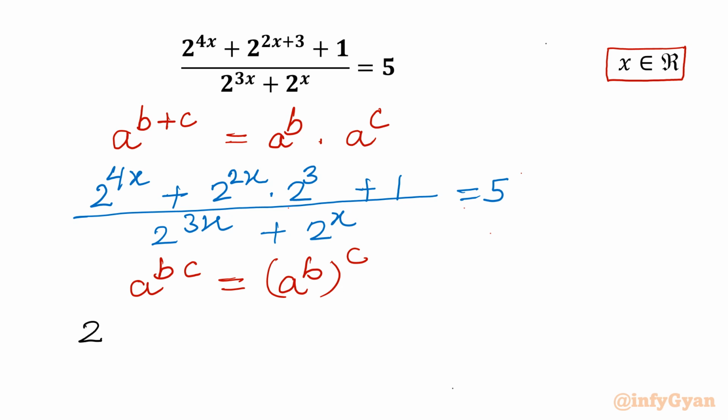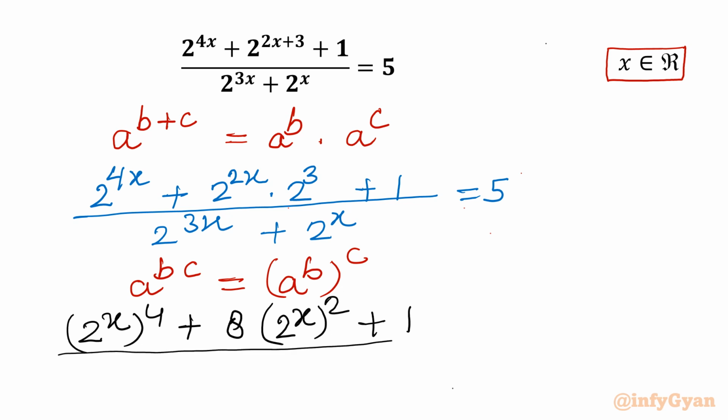So I will write (2^x)^4 + 2^3, which is 8, times (2^x)^2, plus 1, divided by (2^x)^3 + 2^x unchanged as it is. The right-hand side is 5.